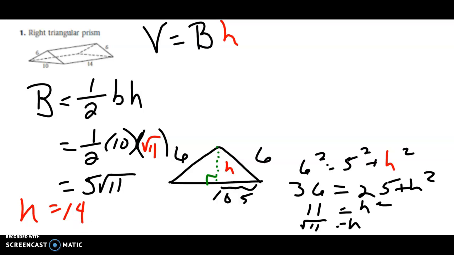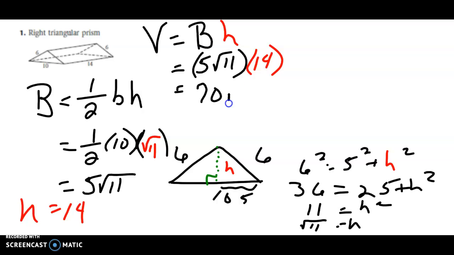Then we just plug those values in. 5 square root of 11 times 14, and that's going to be equal to 70 times the square root of 11. If you put that in the calculator, what you're going to end up with is 232.16.